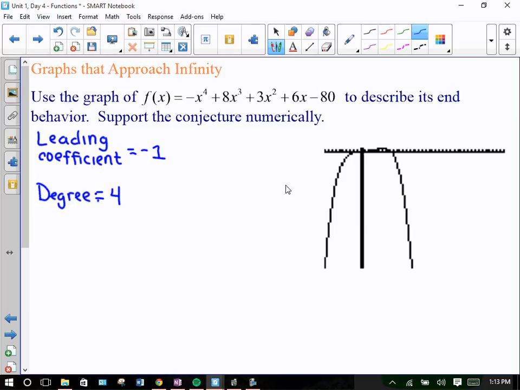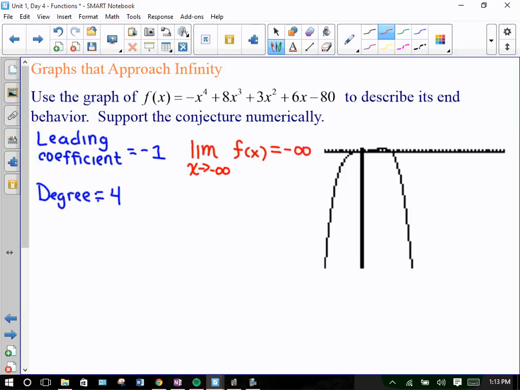So what we would say is, the limit as x approaches negative infinity of f of x, or in more layman's terms, what's happening to the y values as x approaches negative infinity. What is this function approaching? As the x value gets smaller, what is the y value approaching? Negative infinity.